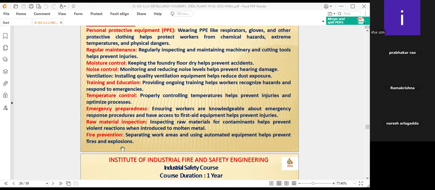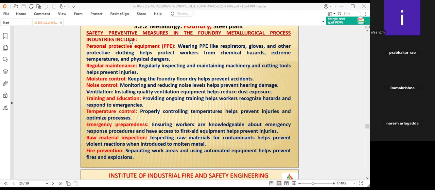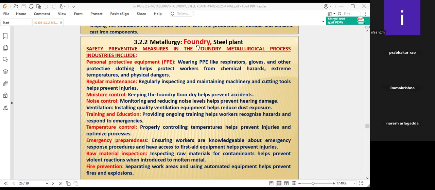These are very important safety prevention measures during the foundry process. As a safety officer, we have to see that these are some of the safety prevention methods. Apart from this, many more may come from your experience, but these are the important areas we take care of to avoid any difficulty and absence.